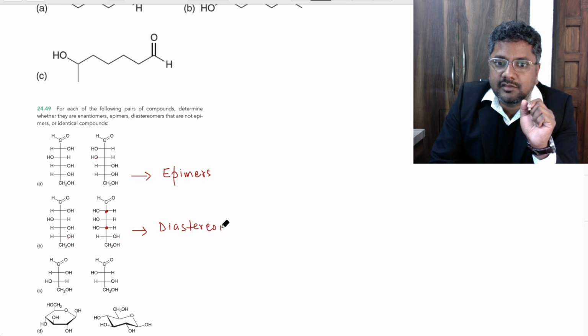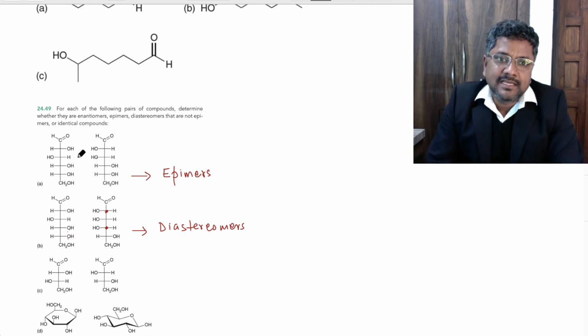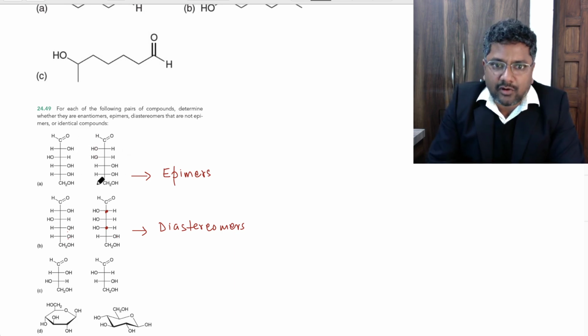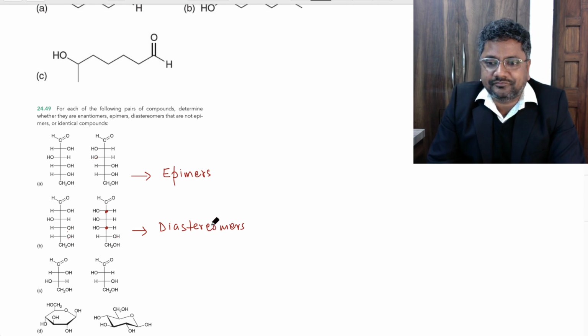So basically, these two compounds have no mirror relation, so broadly they are classified as diastereomers. But a special name is used in carbohydrate chemistry, that is epimer.